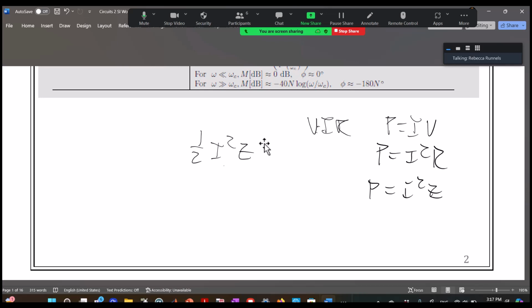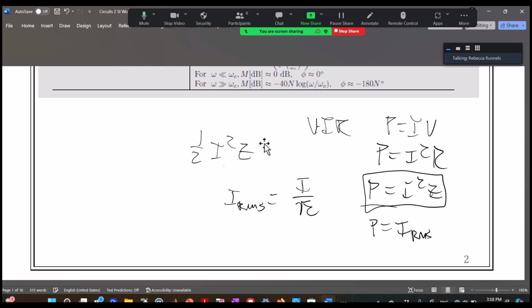If they're not RMS, you put the 1/2 in. This is what we've always known. But I do know that I RMS equals I over square root of 2. The formula that I've known forever is good for RMS. So this is really I RMS squared Z. But if I wanted to use, oh wait, do I have this backwards?